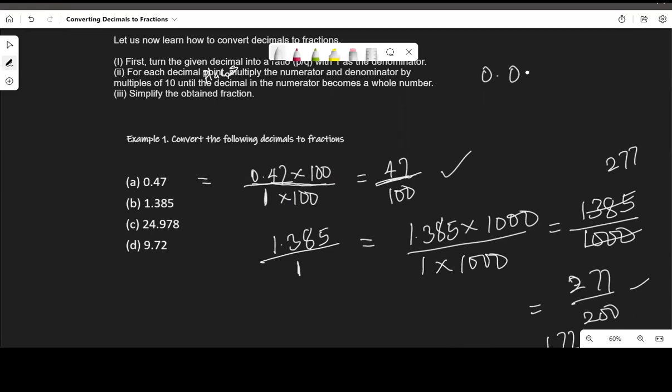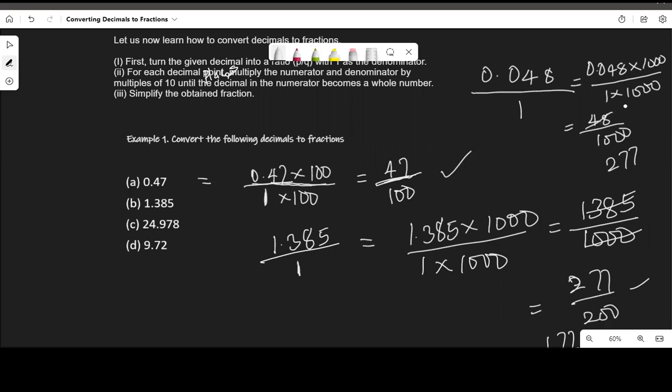If I have 0.048 and I want to write this as a common fraction, I'll first of all write this over 1, which is 0.048, and multiply by, how many decimal places do I have? 1, 2, 3. I'll multiply by 1000 because I have 3 decimal places. Then 1 times 1000. This multiplication by 1000 will give me 48 over 1000.